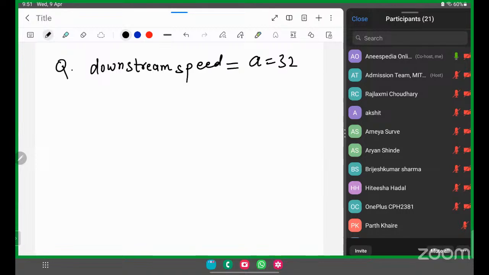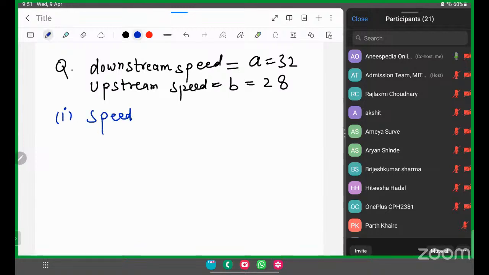Whereas when traveling upstream it is 28. Upstream speed is B, that is 28 unit kilometer per hour. What is the speed of boat in still water and speed of the stream? So first we have to find out speed of boat in still water.